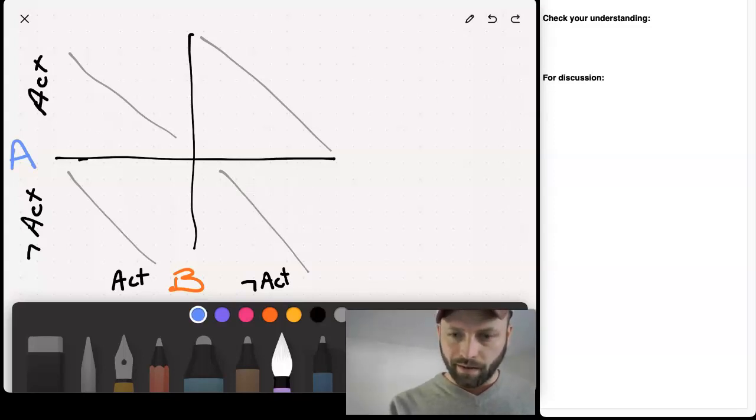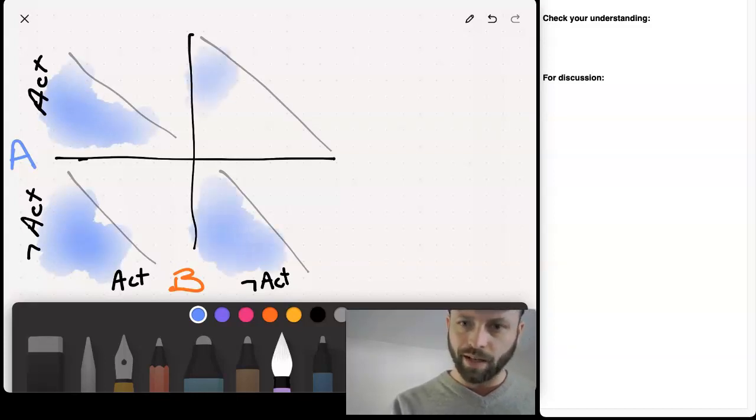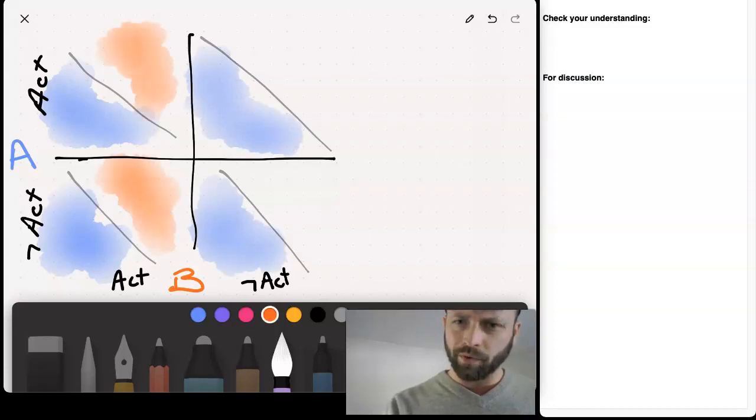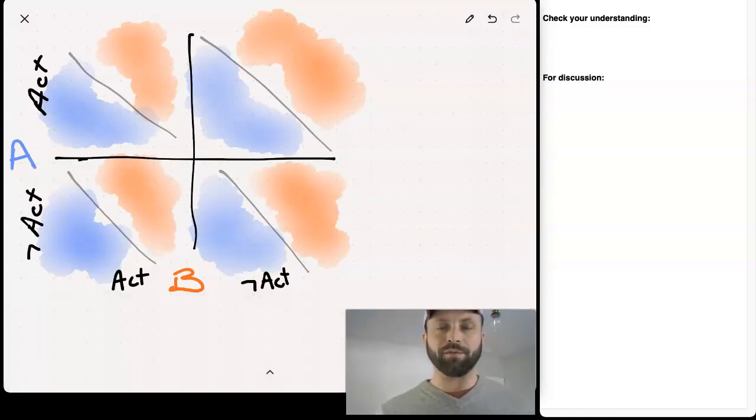But the payoffs of action are different, and so each of these quadrants has an area that's associated with each of the actors. So I'm going to paint these in just to make it really clear. And what defines a dilemma of this sort, known as the prisoner's dilemma, is actually the structure of the payoffs.